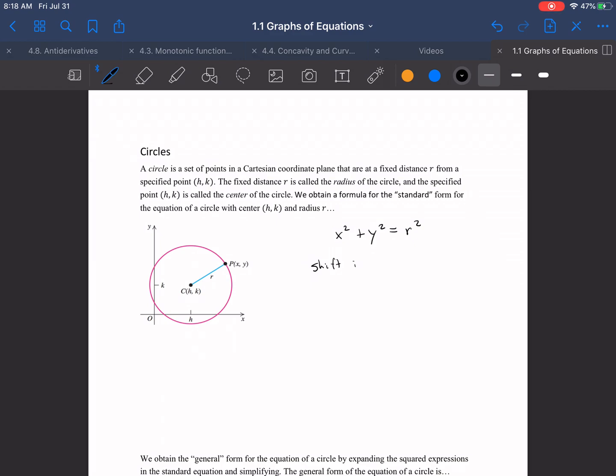So we can shift in the x direction by h and shift in the y direction by k. And what we'll end up with is (x minus h) squared, that's a shift in the x direction by h, plus (y minus k) squared, that's a shift in the y direction by k, equals r squared.